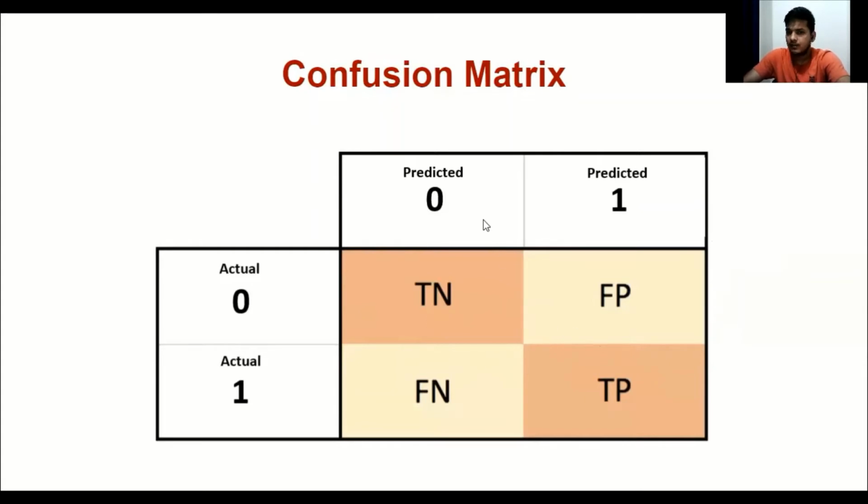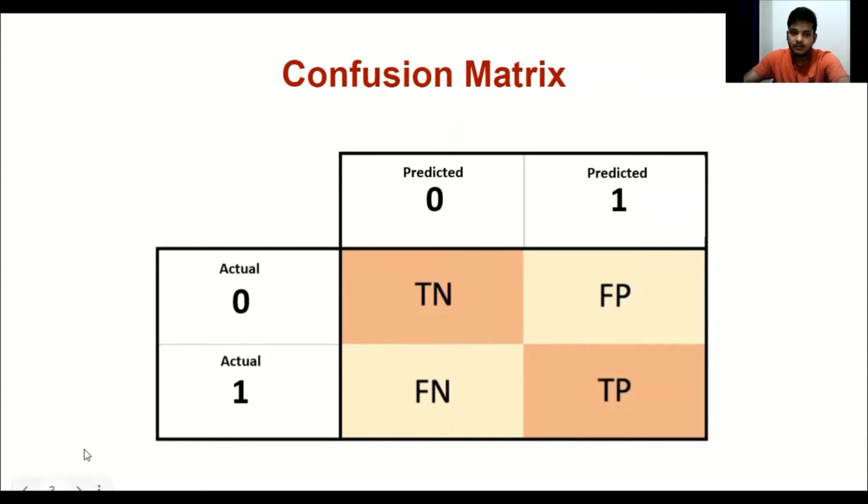Now we'll understand what these terms are. They are very important to know because other evaluation metrics like precision, recall or F1 score are all derived from these. So you have to know what these are and how you know which one is true negative, false positive, and so on. Let's move forward.